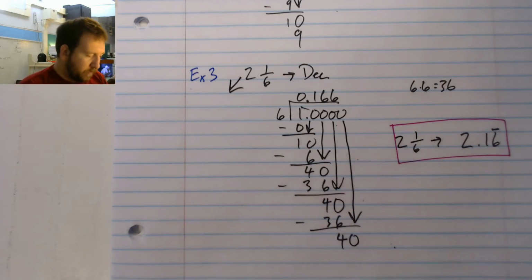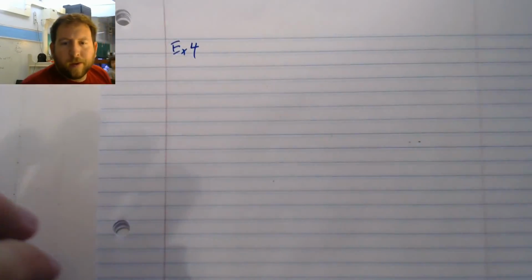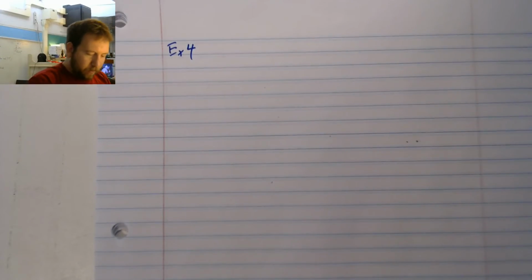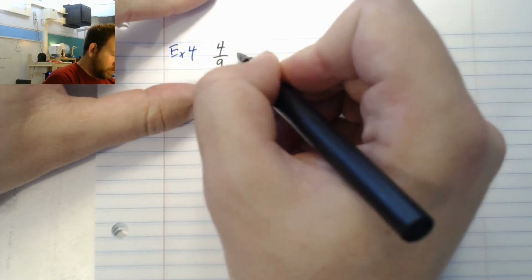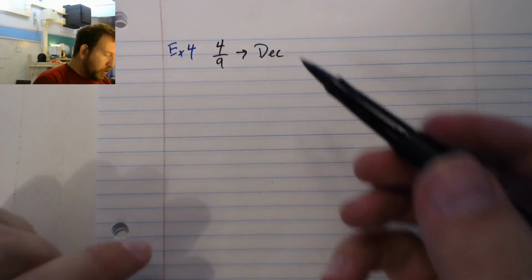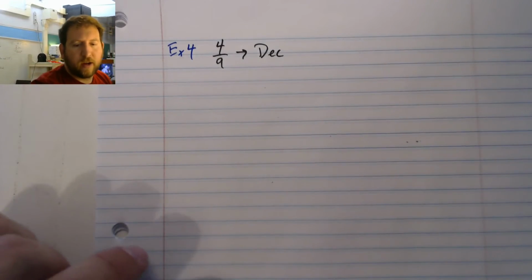Example 4. We're going to go 4/9 to a decimal. All right, my numerator, let's check it out again.